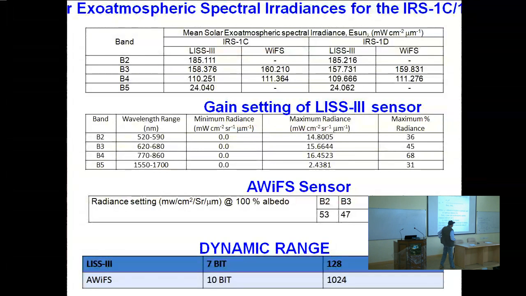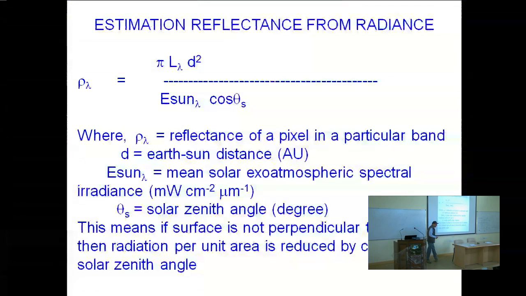Now, the next thing we want to do is convert this radiance into reflectance. And how do we do that? It can be done very simply. Don't worry too much about this, it is only one ratio. It's not a big value.